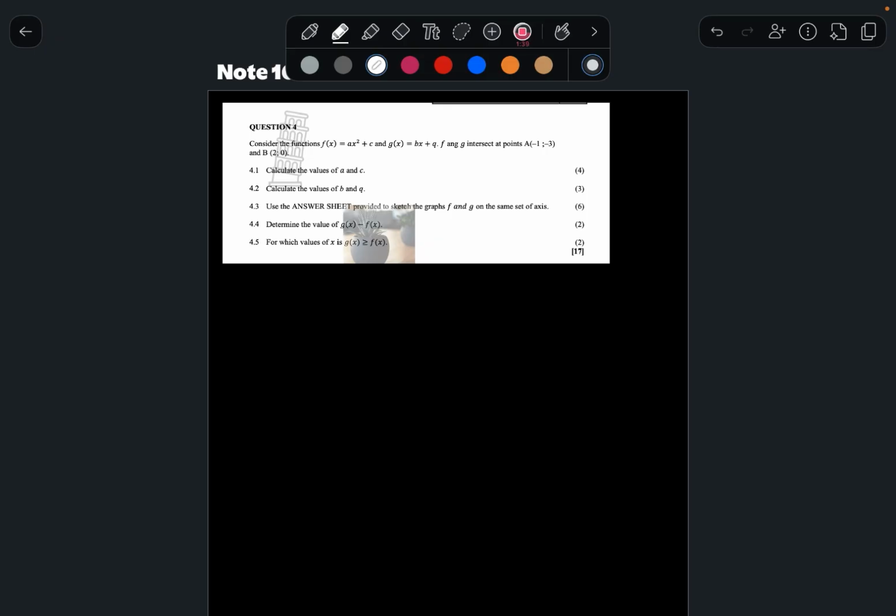The instruction and the information they give you basically lead you to the answer. And usually the first questions they ask are for the unknown variables, like the y-intercept, the gradient, the turning points, things like that.